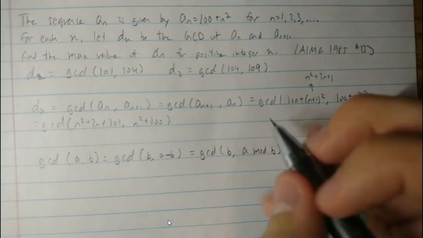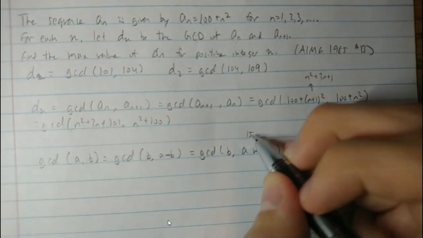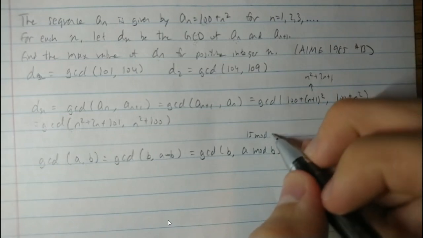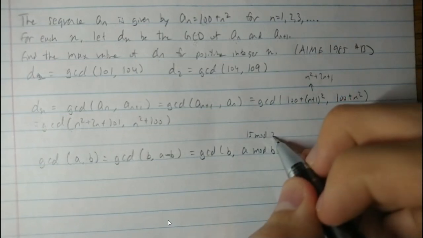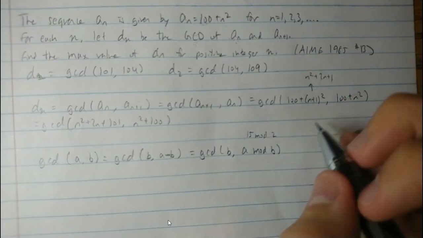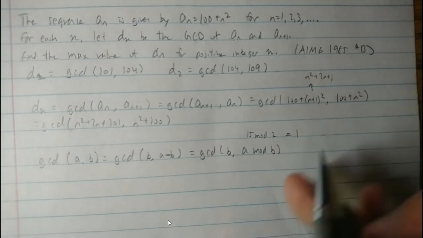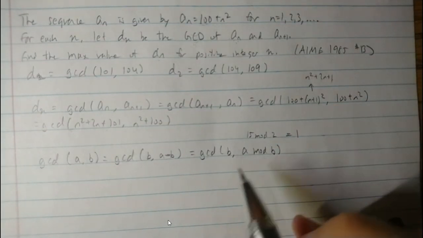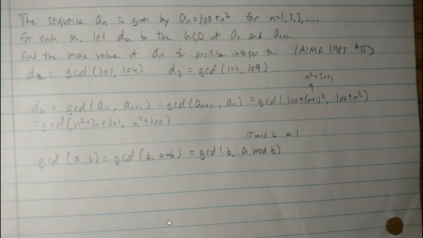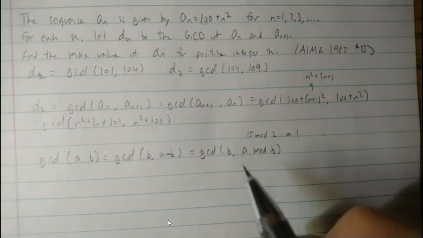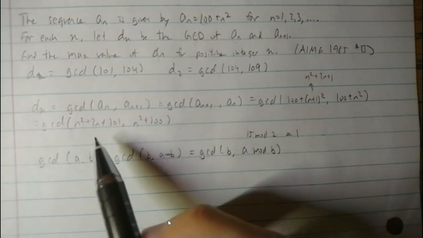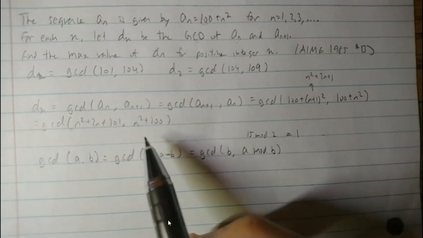That's what mod means. Example, 15 mod 2. 15 divided by 2 gives you 7, but with a remainder of 1. So that actually equals 1, and we want the remainder when you keep subtracting. But we do not need to use this for now, as we have this to do.